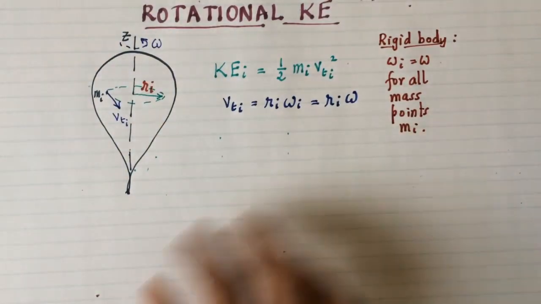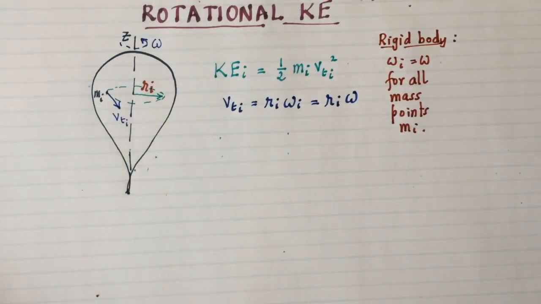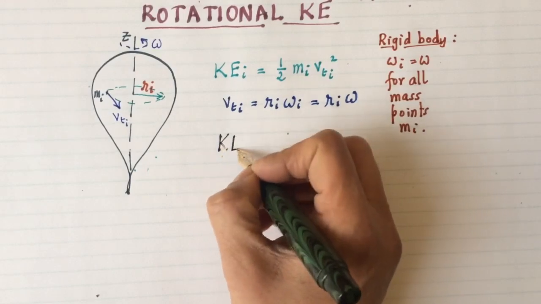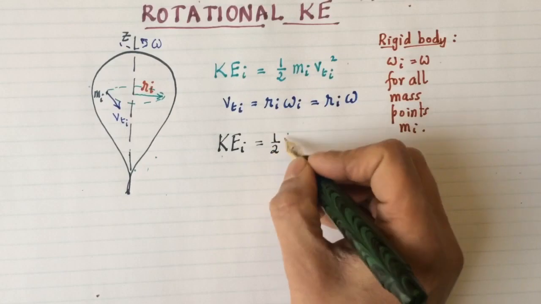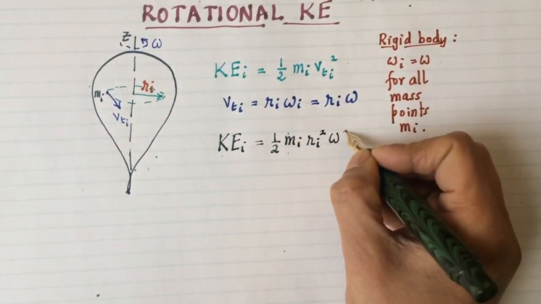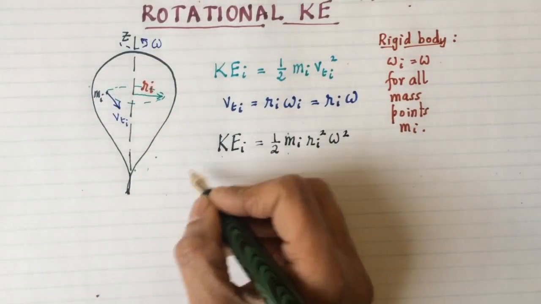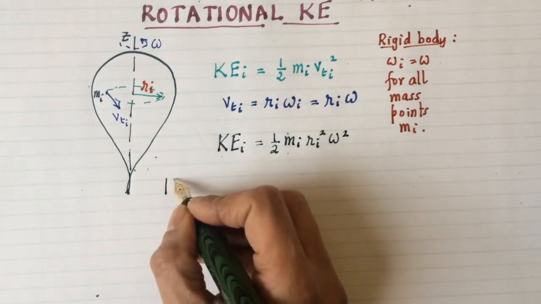So now that we have this, we can substitute it in our formula for the kinetic energy. The kinetic energy of the ith particle is 1/2 m_i r_i squared omega squared. Now the kinetic energy of the entire rigid body is got by summing up these individual mass point kinetic energies.